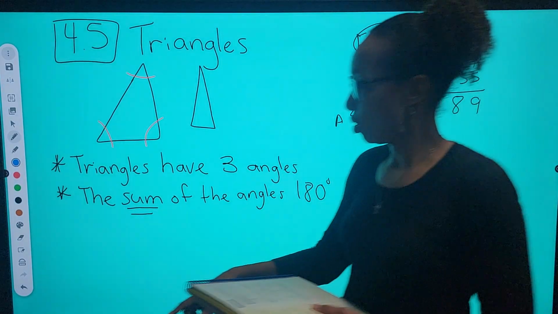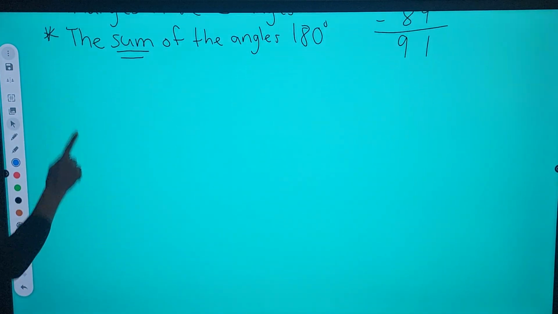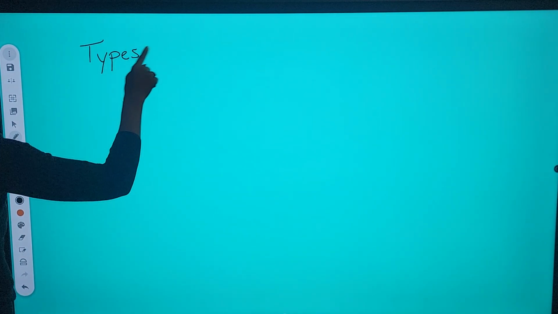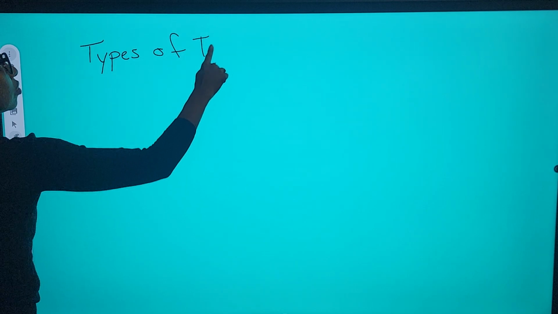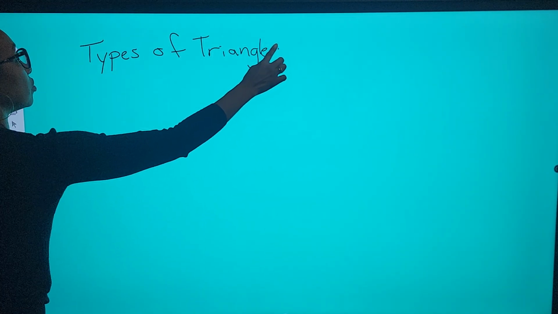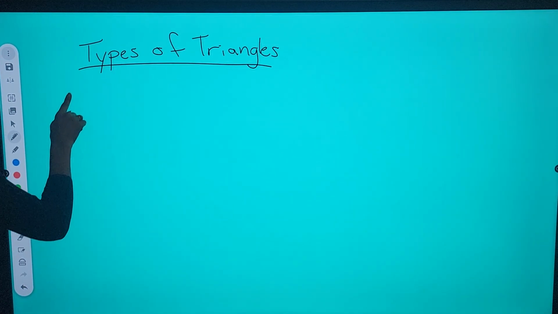Let's talk about three types of triangles. And these are also in your book on page 162. All right, our first type of triangle looks like this.